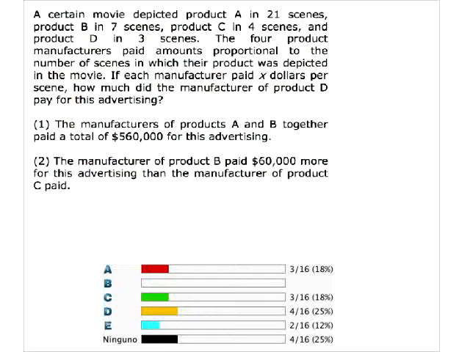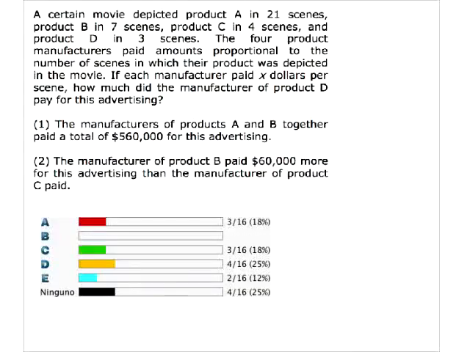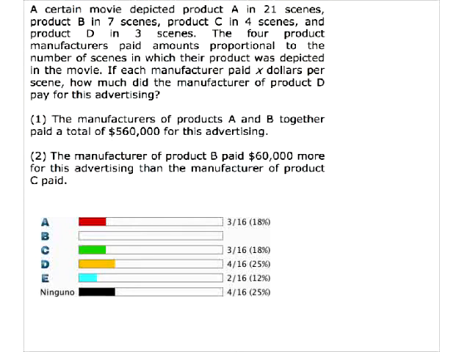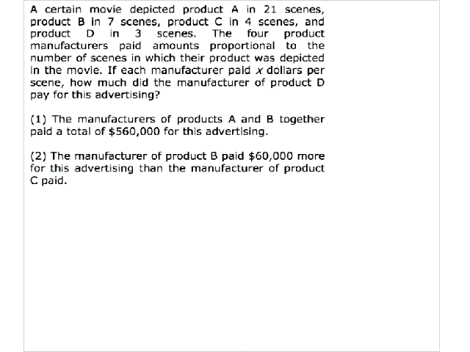Okay, so here's your class statistics, definitely all over the place on this one. So it's going to be some learning to do here. Let's talk about this problem. A certain movie depicted product A in 21 scenes, B in 7 scenes, C in 4 scenes, D in 3 scenes.